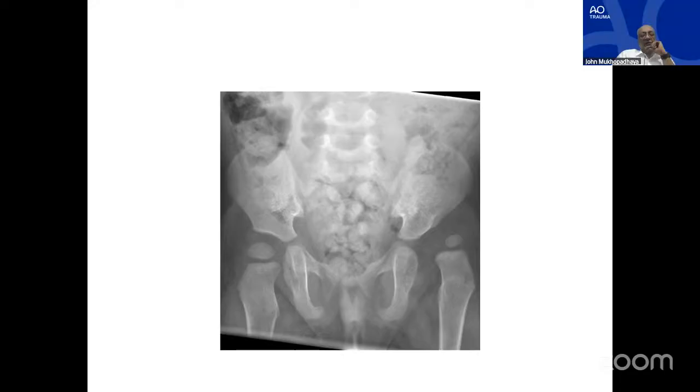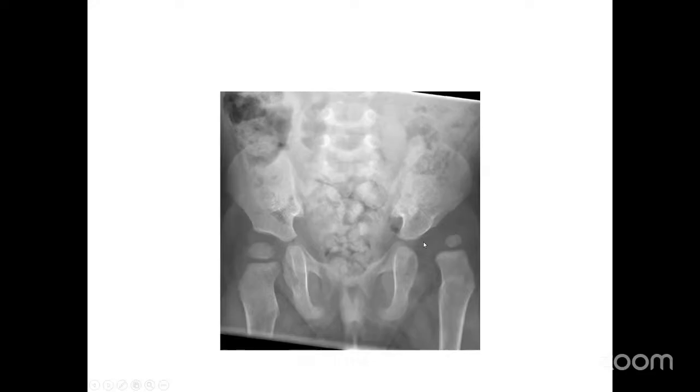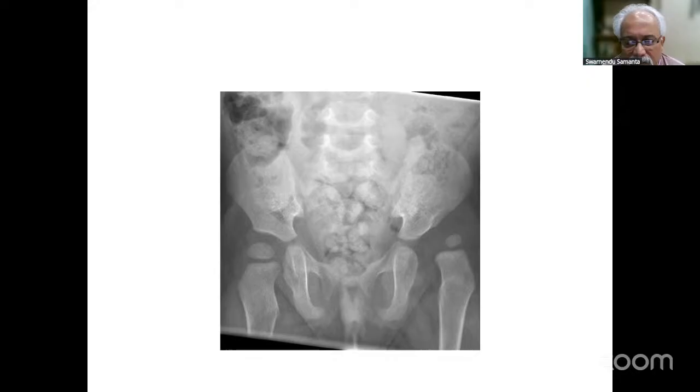So I am giving you a hint. Suppose you draw a line from the triradiate cartilage, the horizontal line. What is the line called? Hilgenreiner's line. Yes. So remember H for H for H: the horizontal line is Hilgenreiner's line. Another line, what is the name of that line?